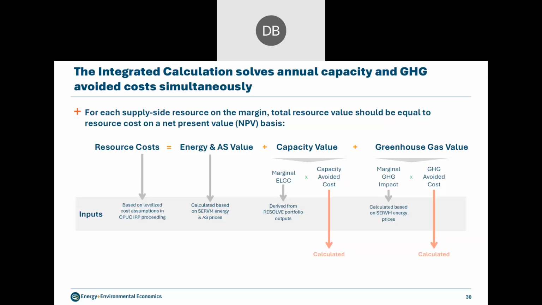And when we multiply the system marginal emission rates by the resource generation, we get the GHG contribution of the resource. So that is the emissions that a resource is able to avoid from the supply side.